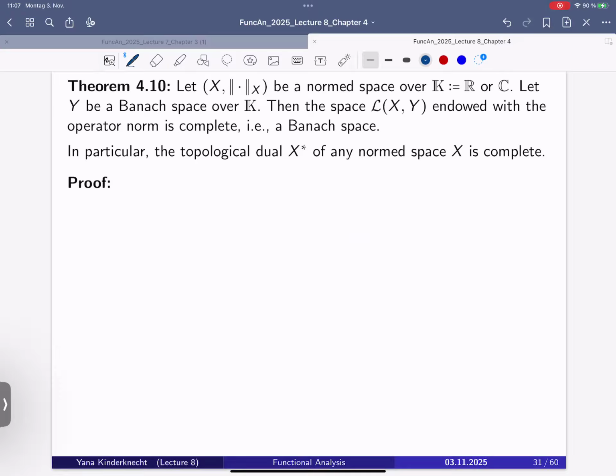So let A_n be a Cauchy sequence in this space L(X,Y).